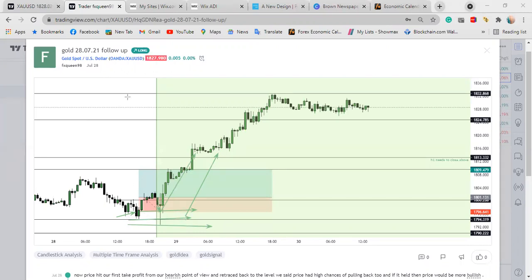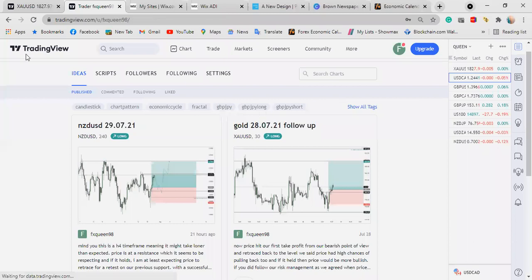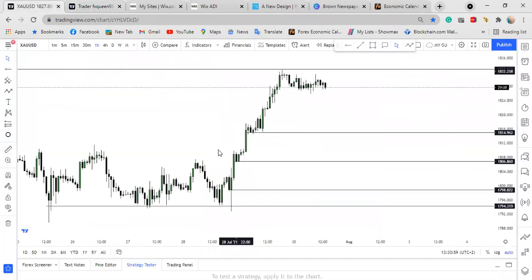That is always the safest area to put your stop loss, as most trades will hit your stop loss within the 10 pip range, above or below your support or your resistances, and then price would reverse and go into your direction.